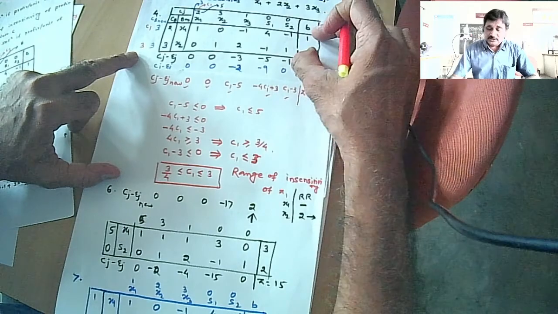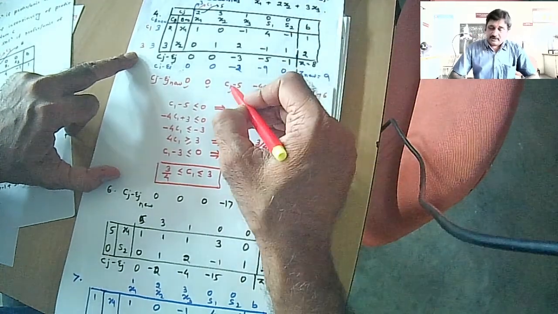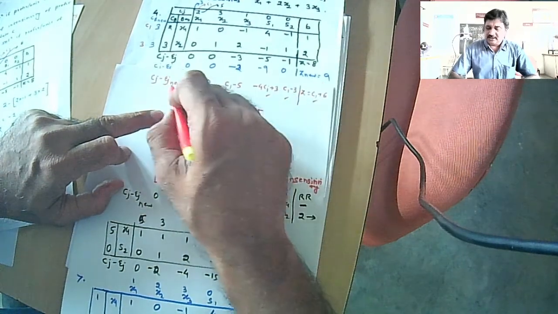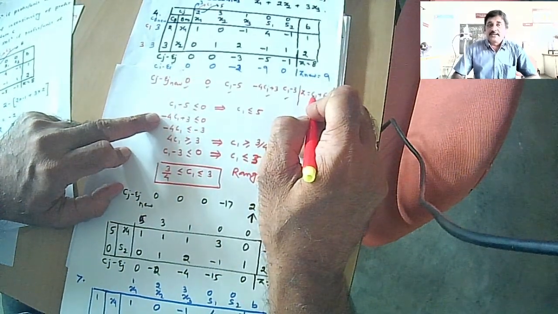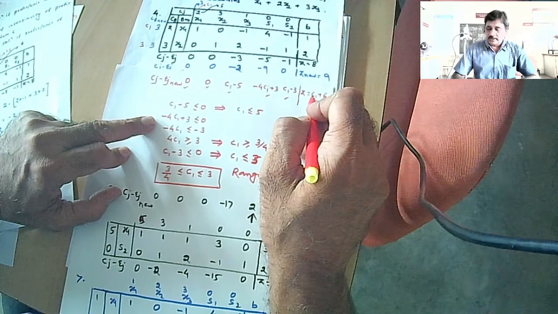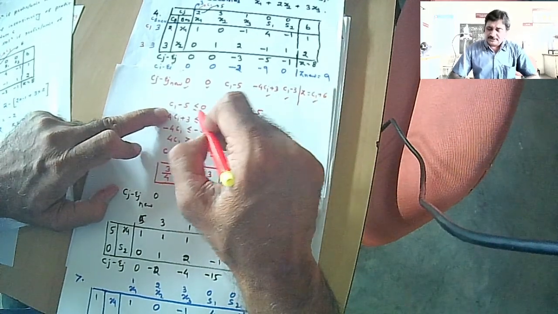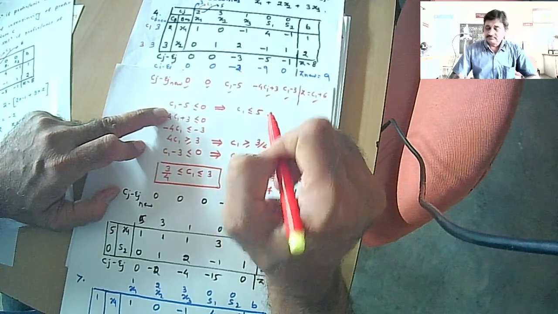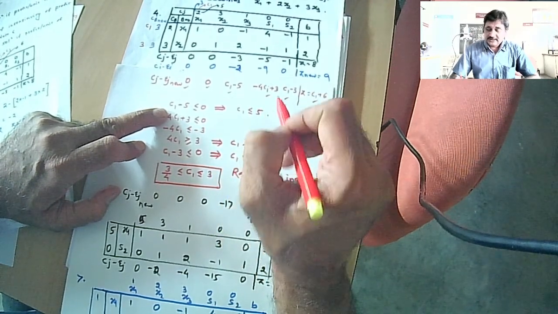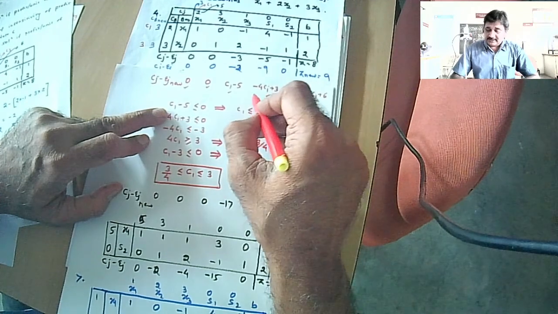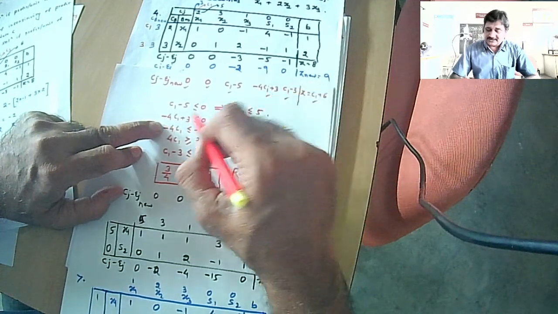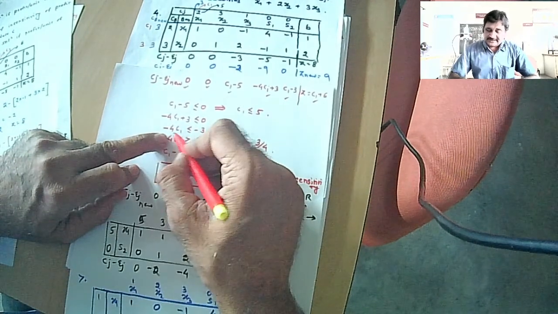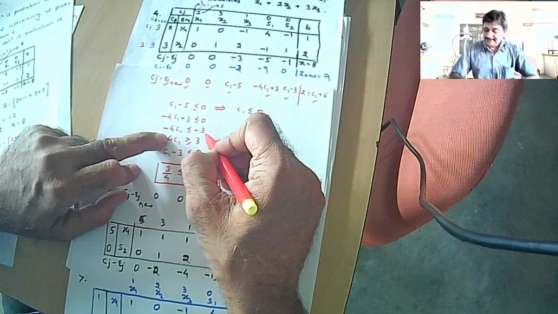Now for this solution to be optimal, we want C1 minus 5 to be less than equal to 0 because all this Cj minus Ej should be less than equal to 0. So C1 minus 5 less than equal to 0 means that C1 should be less than equal to 5. This is one thing I have got. And then this condition, minus 4C1 plus 3 less than equal to 0, means minus 4C1 should be less than equal to minus 3.